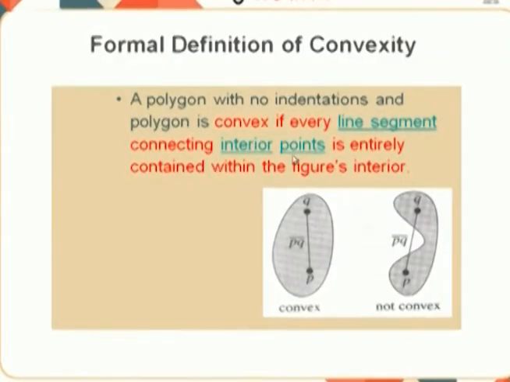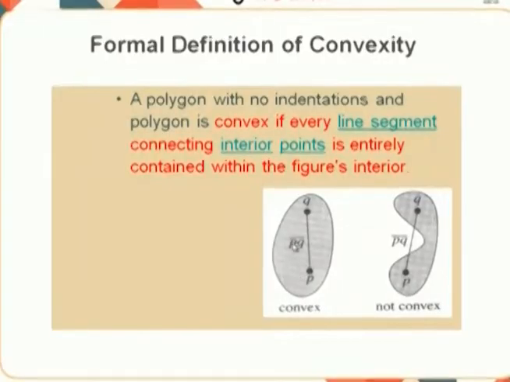You may wonder what convex is all about. Why are we saying this is a convex hull? The reason is very simple. The formal definition of convex is a polygon with no indentations, and we call a polygon convex if every line segment that connects interior points lies within the polygon itself.